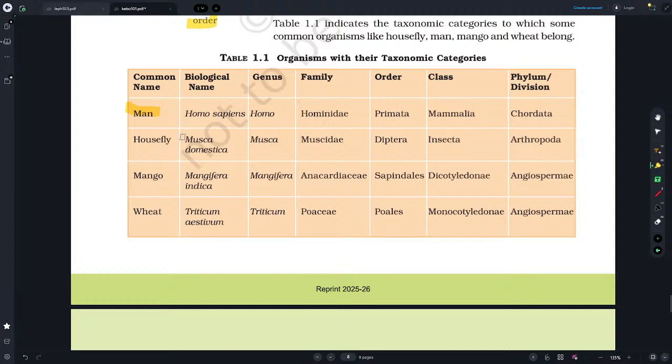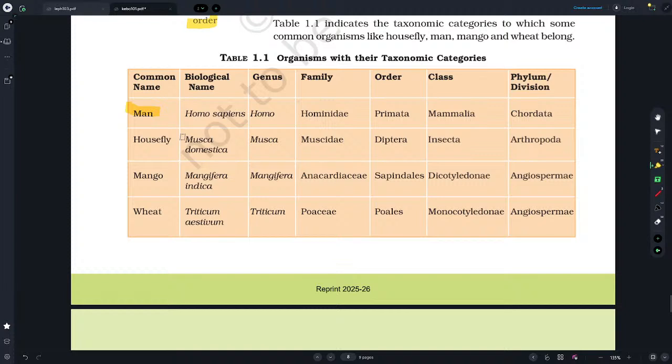Homo sapiens, genus Homo, the man, family Hominidae, order comes under the Primata, which consists of apes, monkeys, chimpanzees, along with us, the humans. The class comes under Mammalia. Then this Mammalia class comes under Chordata, meaning the organisms under Chordata have a notochord.